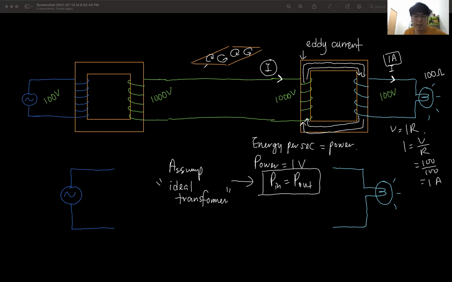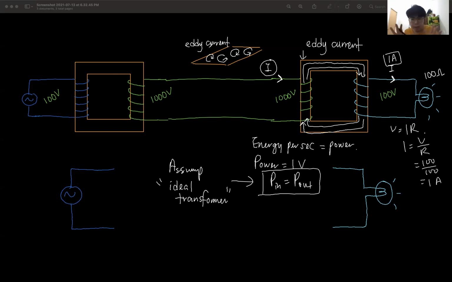Because the iron itself is also a conductor. Iron can also conduct electricity, so your changing flux will induce current in the iron core, right? So is this good or bad, this eddy current? This eddy current will heat up further. It will heat up the iron core and further cause heating and more power loss.